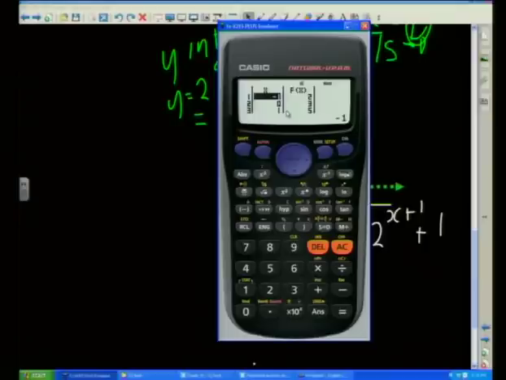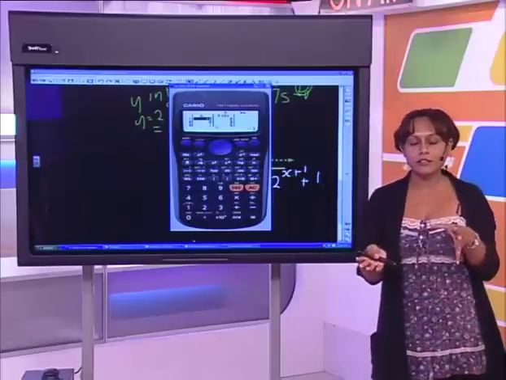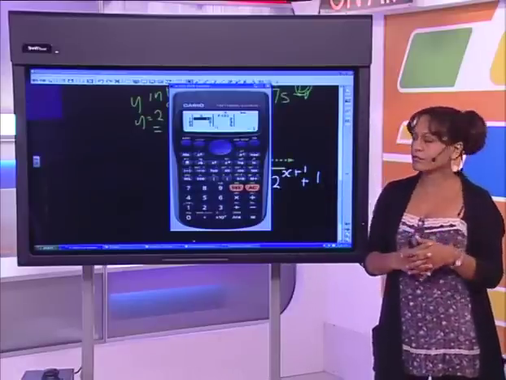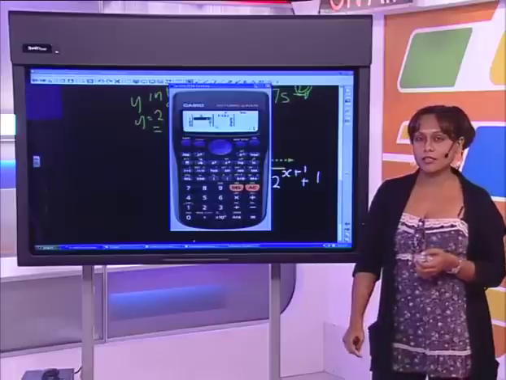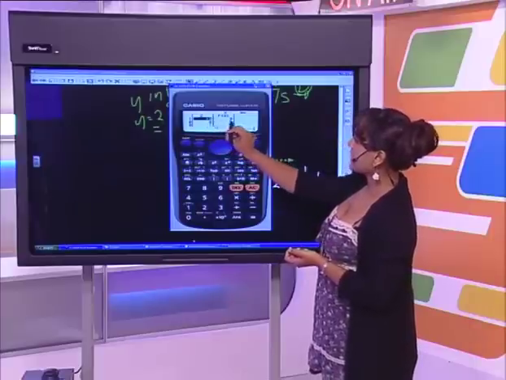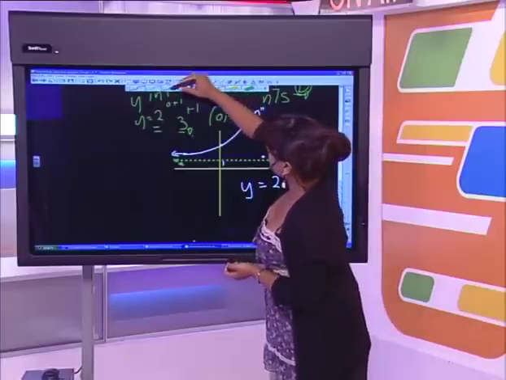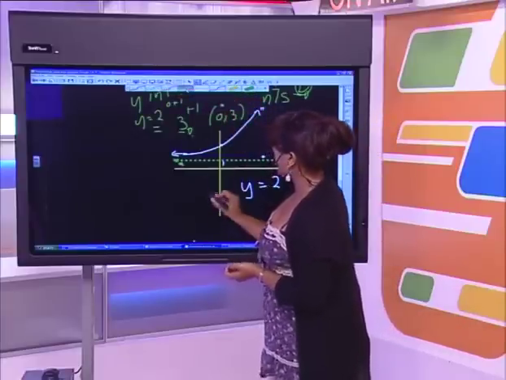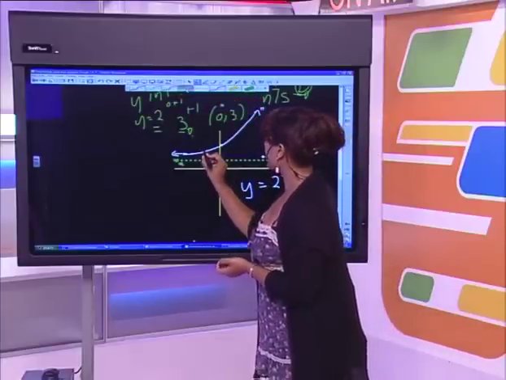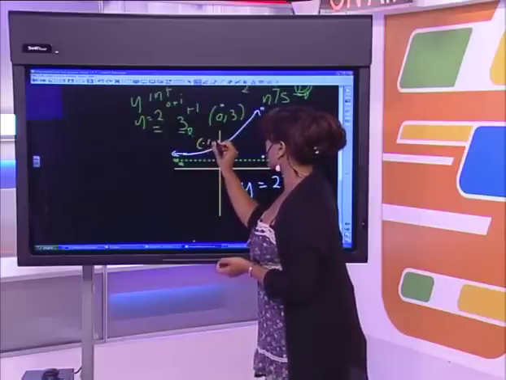How does it help you? Remember, sometimes we say show points on the graph, or tell if a point lies on the graph. You can do that by using this table. So on my graph now, when x is minus 1, y is 2, I could just go to the graph where x is minus 1, y is 2, put a dot there and say that's the point minus 1, 2.